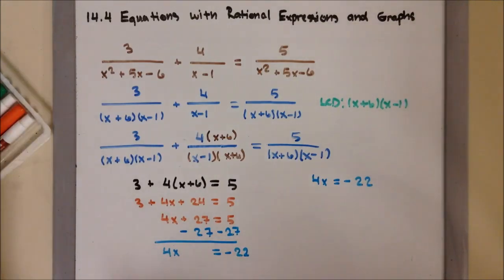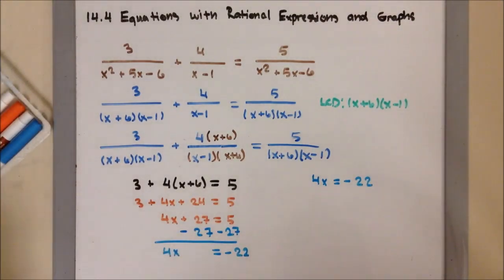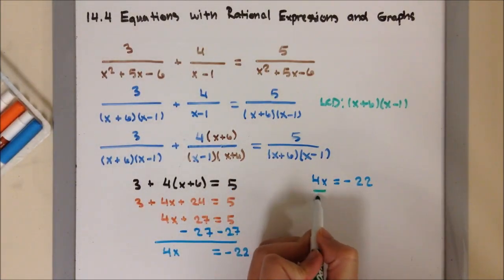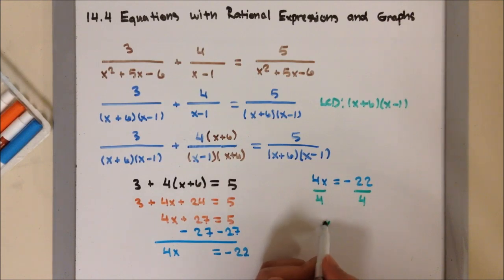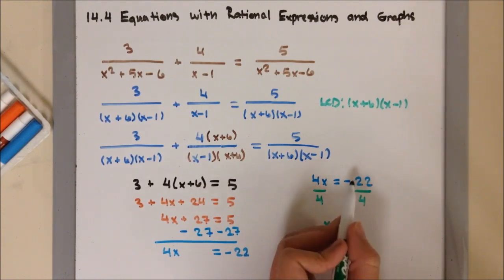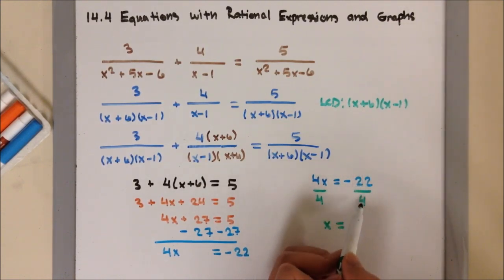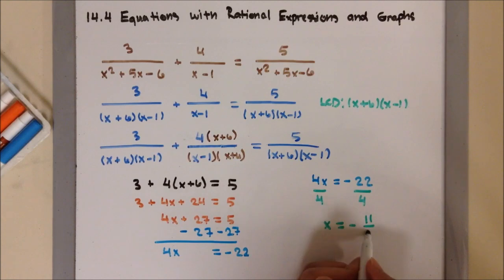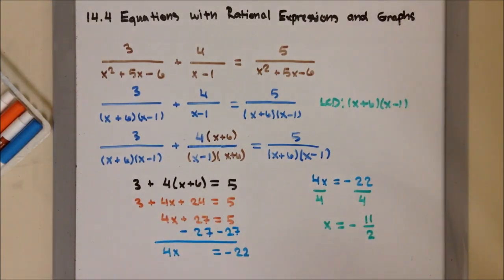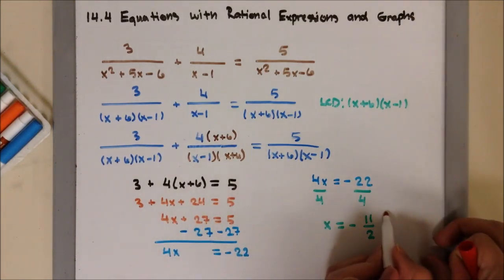And then to solve for x, I'm going to divide both sides by 4. So x is going to equal negative, and we simplify the fraction because 22 and 4 are both divisible by 2, so I get x equals negative 11 over 2. And that will be our final answer.